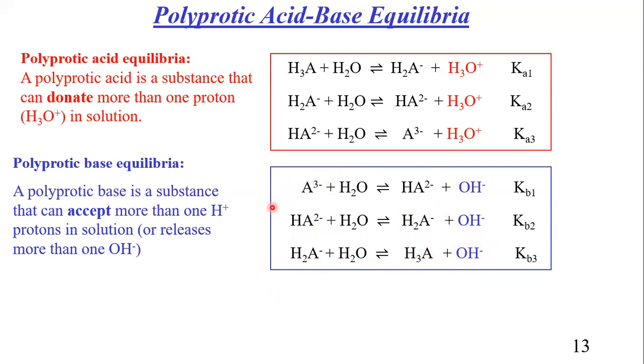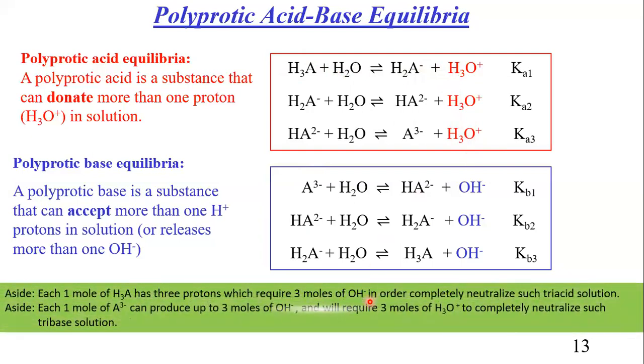And thus, in this case, we call this a triprotic base because it can accept up to 3 protons or release up to 3 hydroxide ions. This is a triacid. It can donate up to 3 protons into solution.